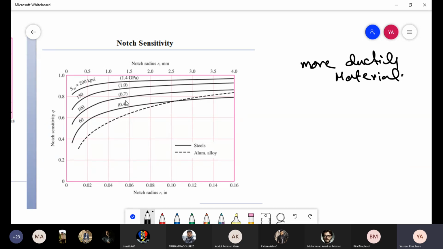So this 400 megapascal SUT steel would have higher ductility than this steel, and it would be less notch sensitive. You can see that this notch sensitivity number is decreasing. With more ductile material, you have larger local yielding, so lower notch sensitivity.